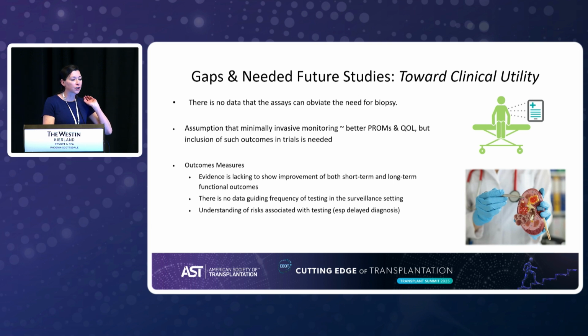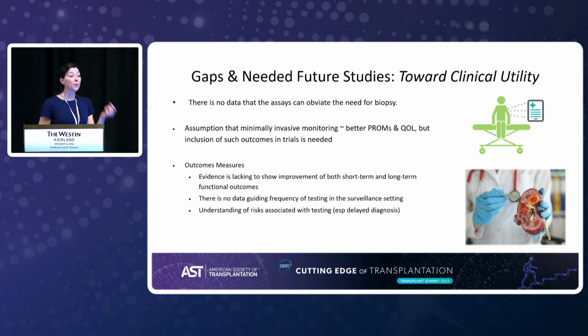So to get toward clinical utility, which is the last step, we feel currently that there is no data showing that these assays can obviate the need for a biopsy. If you have an abnormal result, you still need a biopsy to figure out what's going on. There is an overall assumption that this minimally invasive monitoring is better for patient outcomes compared with surveillance biopsies.